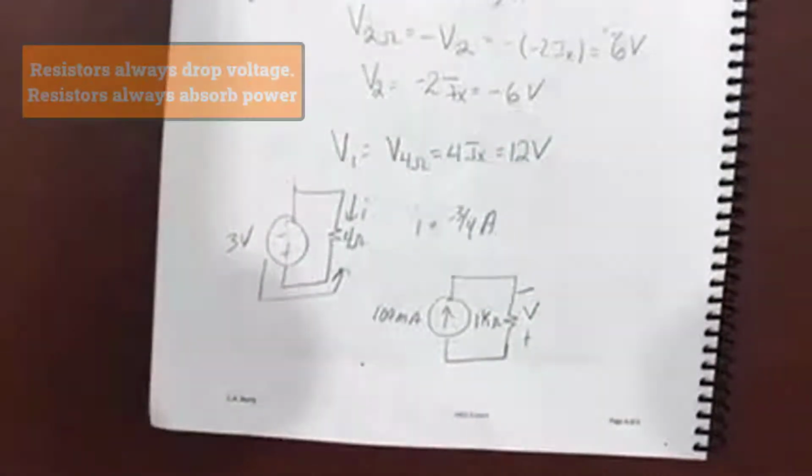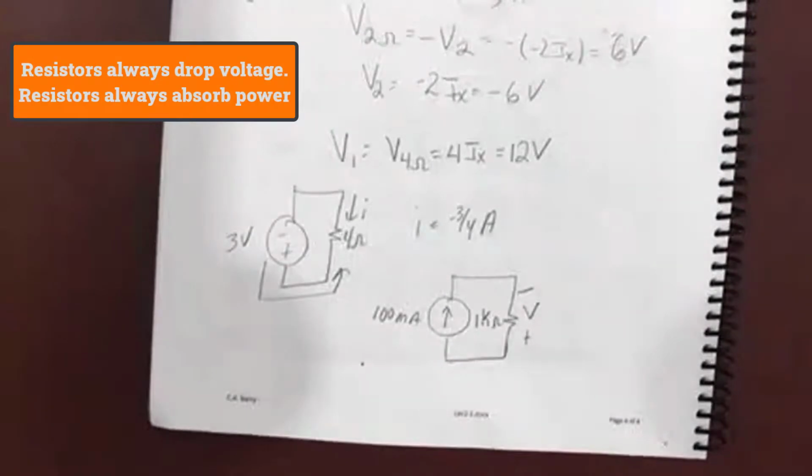Okay, let's do one more and then we're moving on. So, if I ask you to find the voltage across this resistor, it's a labeled value, Alex. So this is 100 milliamps. And this is 1 kiloohm. Write this down if you missed it on the quiz, please.